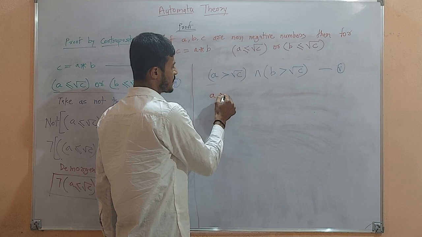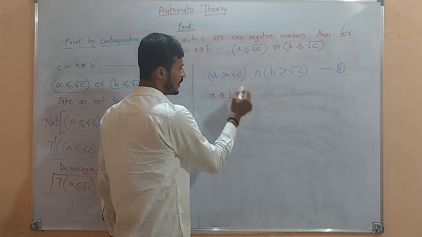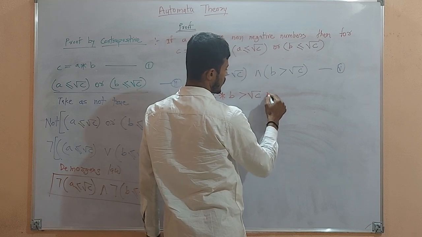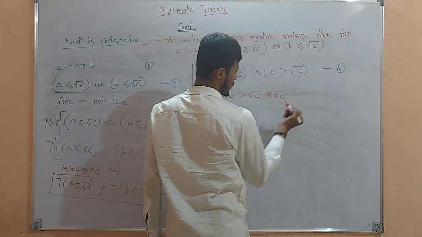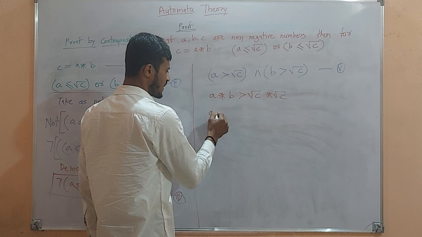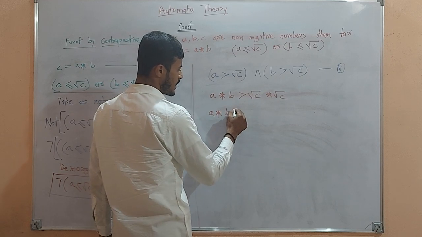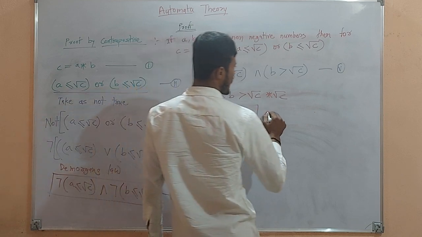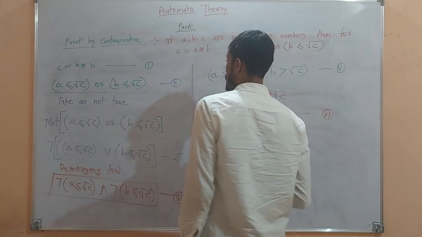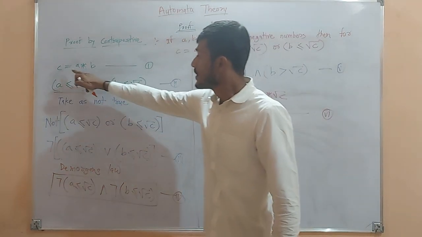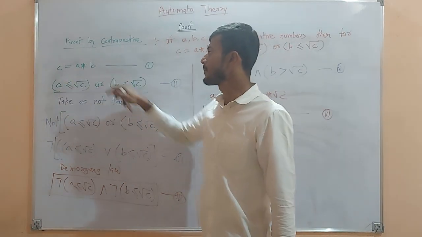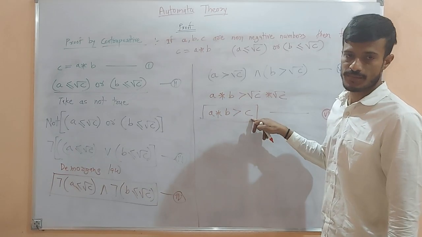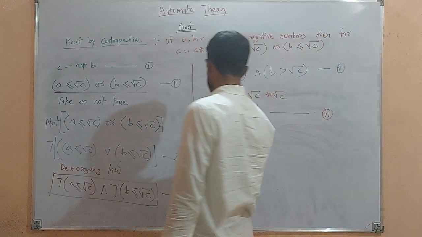A multiplied by B will be greater than root C into root C. So you can say A multiplied by B is greater than C. Let us say this is formula number 6. But initially we have C equals A star B, and here we got A star B greater than C.